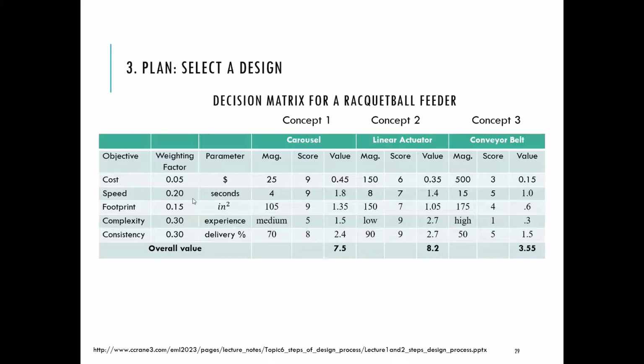We're basically saying that consistency is going to be one of the most important factors, whereas cost, we're not so much concerned about it. Speed was important. The footprint was not as important. And then we also didn't want it to be super complex because complexity is also tied into reliability in many cases.